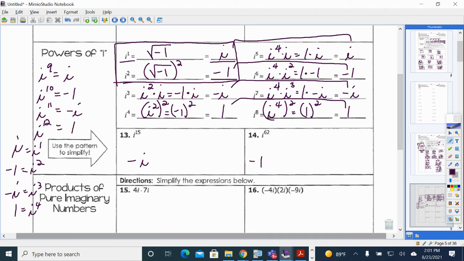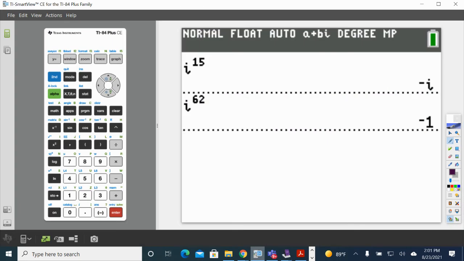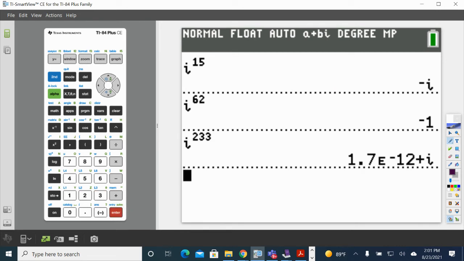The issue comes in if I have i to the, let's say, 233. If it's some big giant number, your calculator, for some reason, adds a lot of extra.